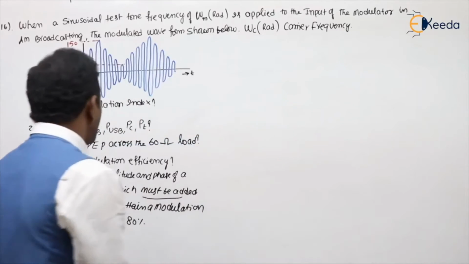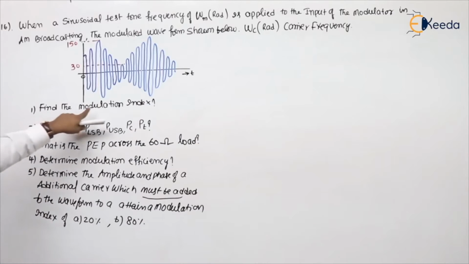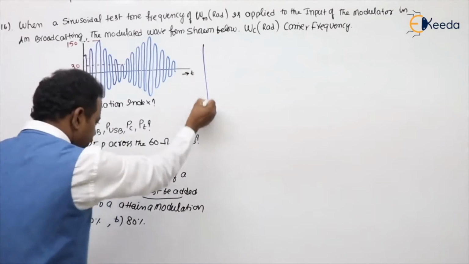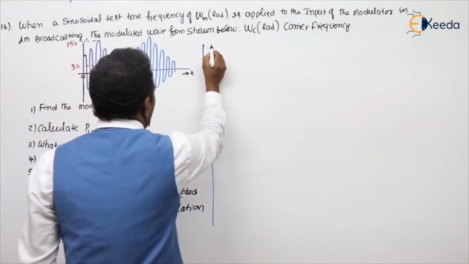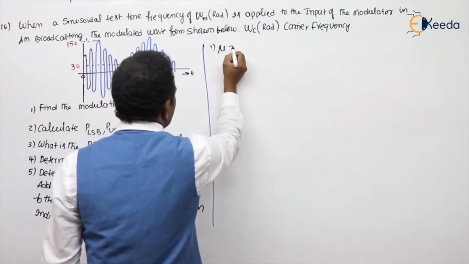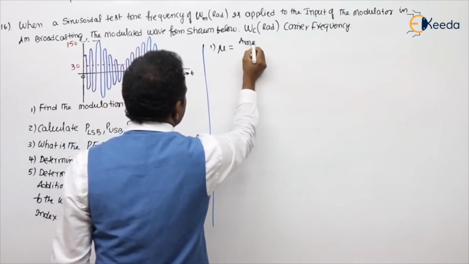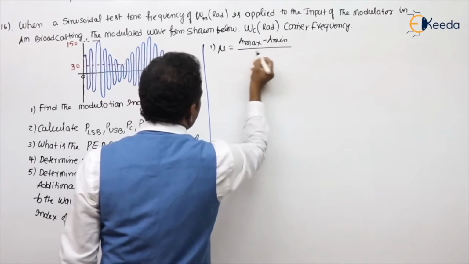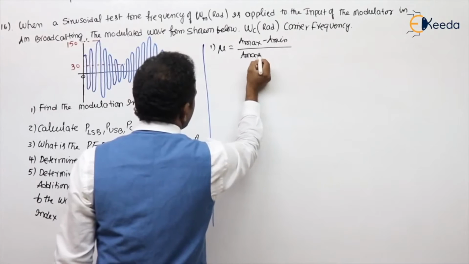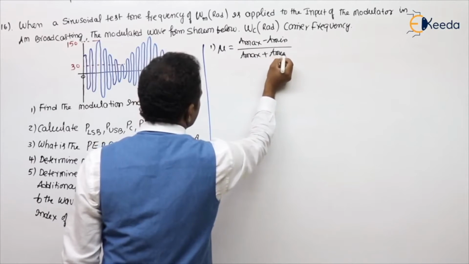What is the first question they are asking, students? Find the modulation index. What is the modulation index formula from the waveform? We know modulation index mu equals A max minus A minimum divided by A max plus A minimum.